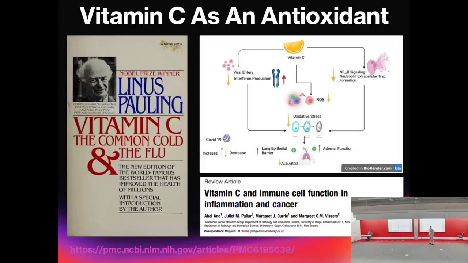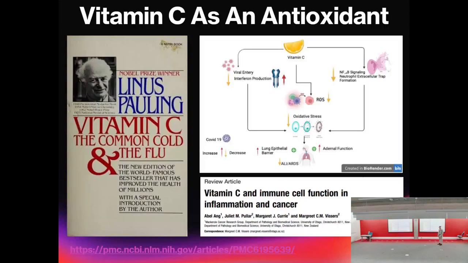Linus Pauling's a Nobel Prize winning scientist, a chemist, I think he was. And he suggested that megadosing with vitamin C back in the 1950s was an effective way to prevent you getting the common cold. So just take lots and lots of vitamin C, thousands of milligrams, not the amount that you get from just eating oranges.